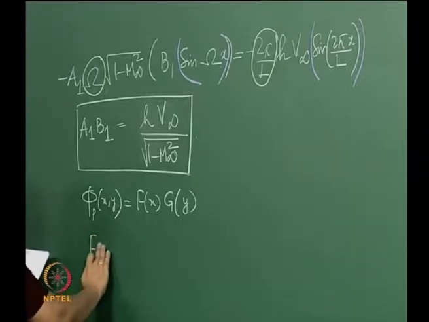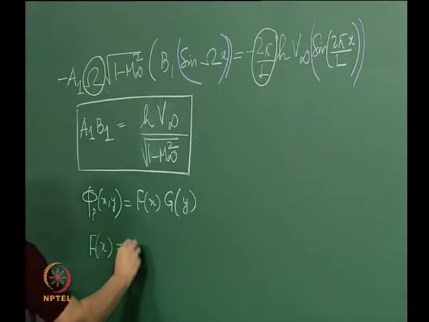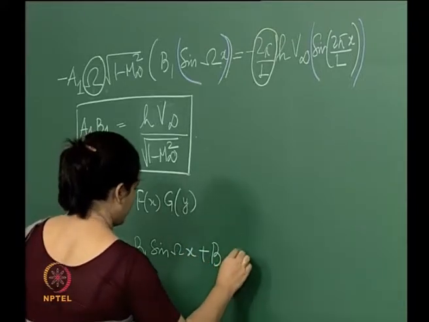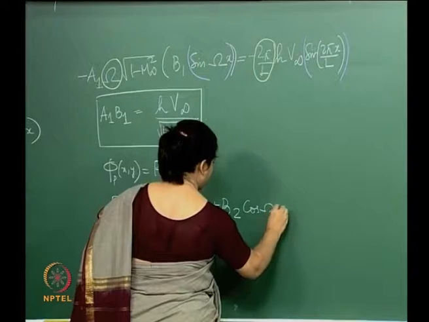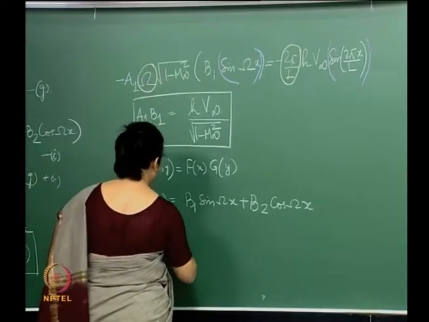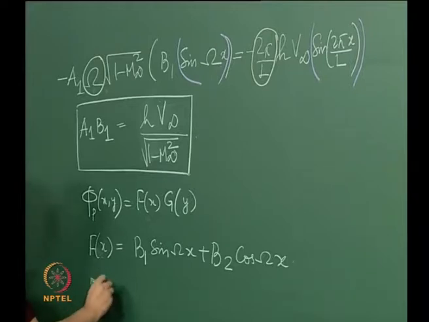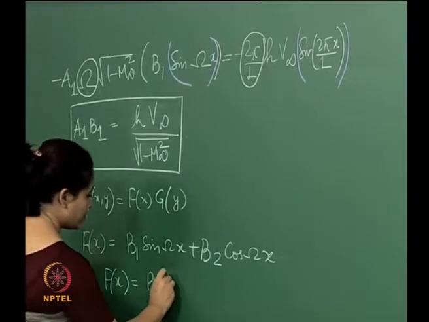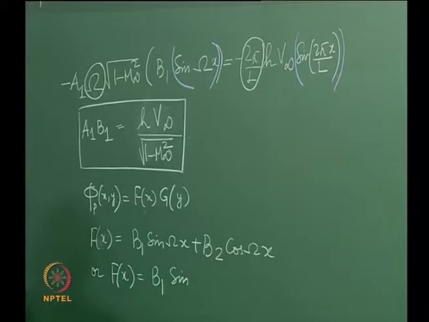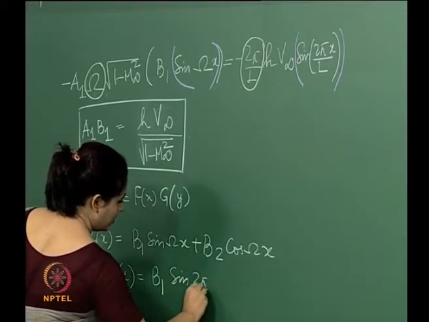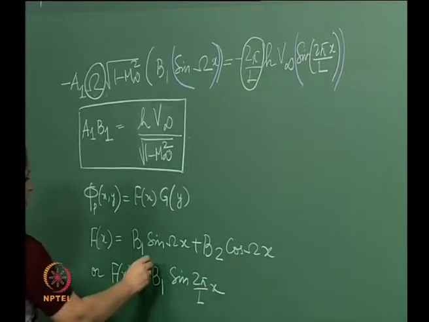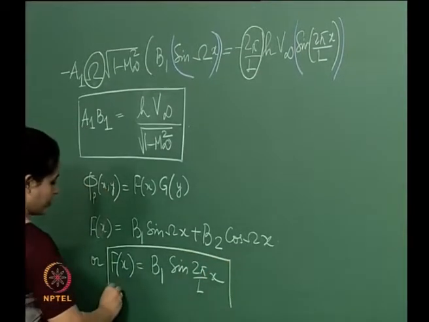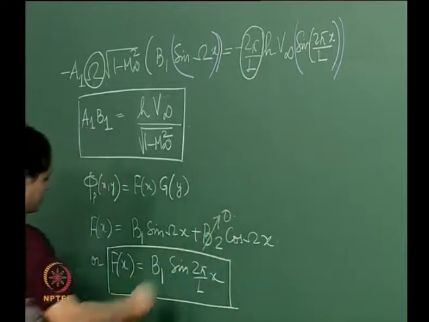So we had written fx to be this. Here this fx now becomes, with omega as 2 pi by L. So fx becomes this, because we found out that b2 is 0, right.